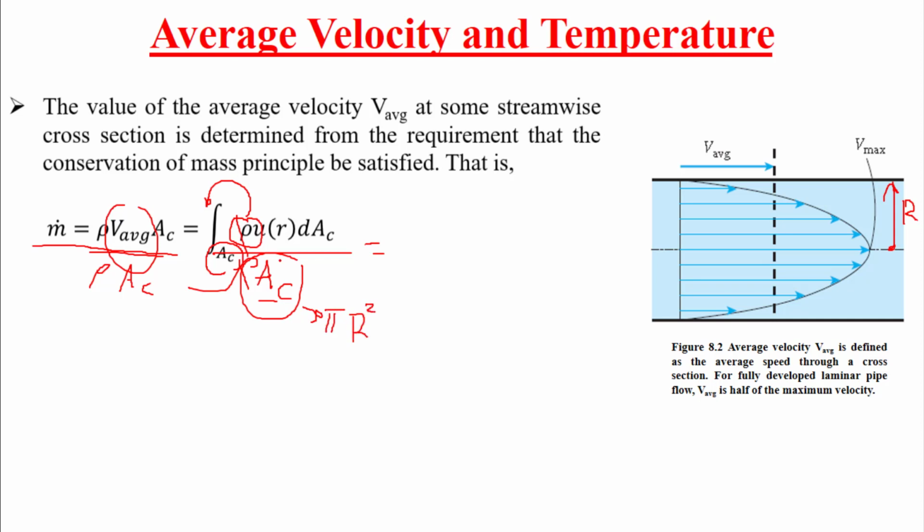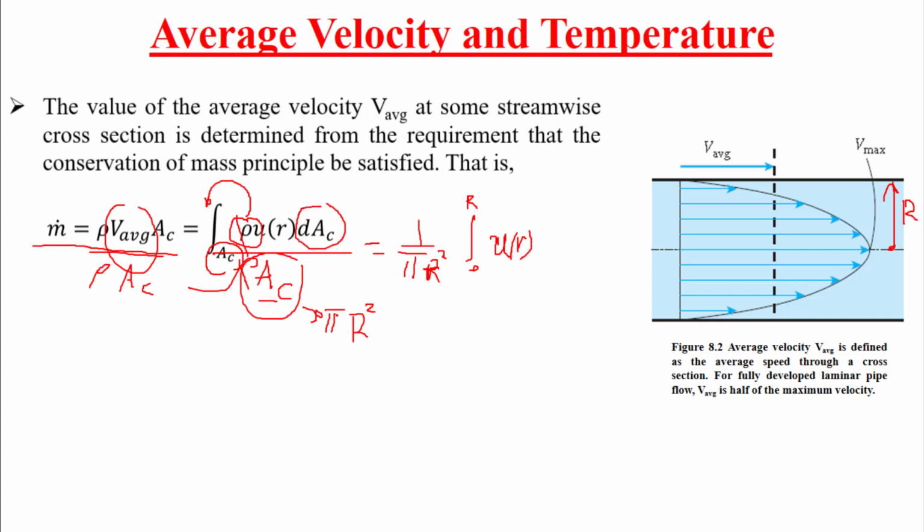So this equation can be written as 1 over pi R squared, integration from 0 to R of u as a function of r multiplied by the area.